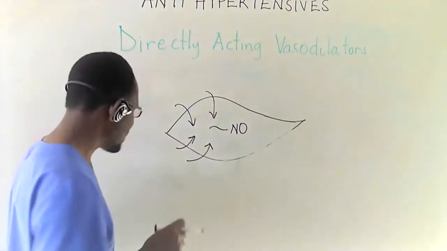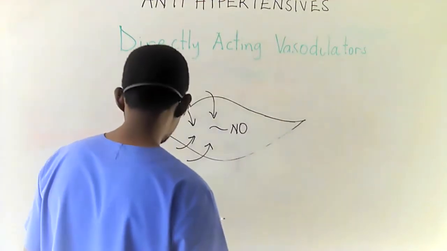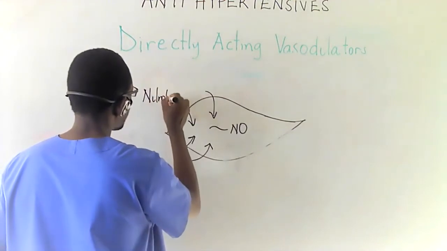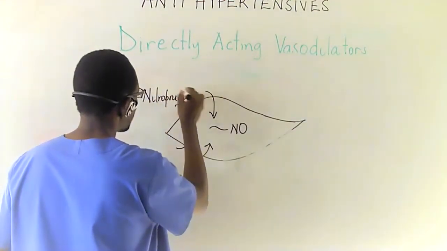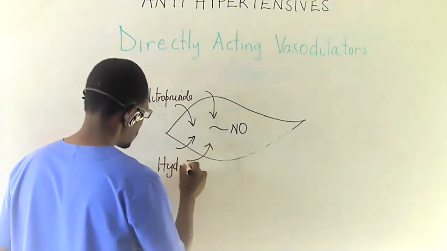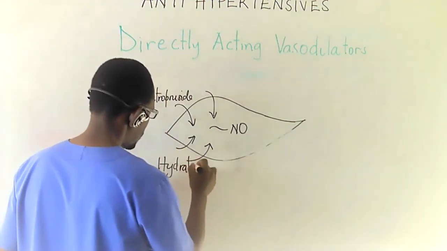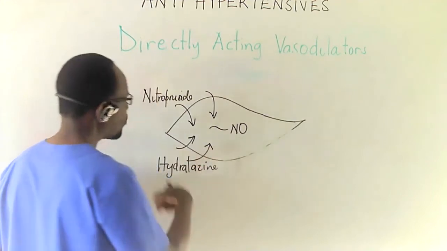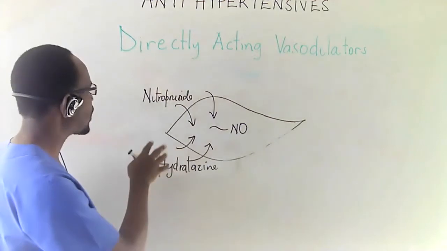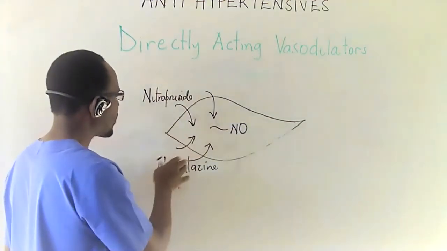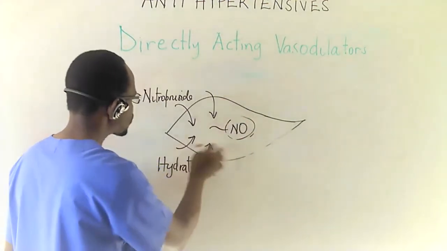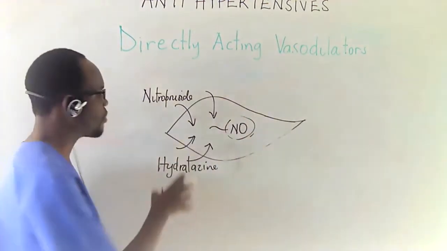So hydralazine and nitroprusside, when they enter the muscle cell, it extracts nitric oxide from them.